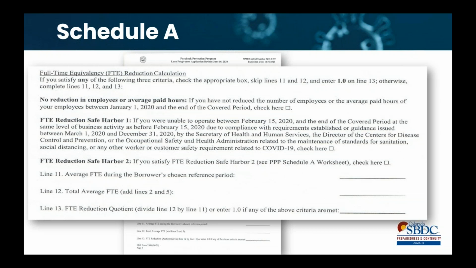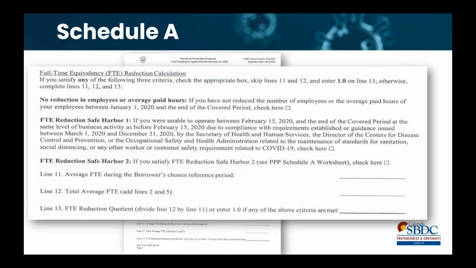Please also know that you do not have to have a direct order from HHS, CDC, or OSHA to use this clause. Additional guidance, not shown here, from the SBA says that an order from the state or local government is sufficient, since it is based in part from guidance from one of the federal agencies.